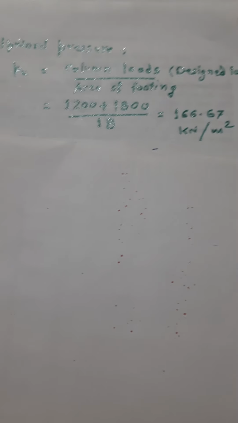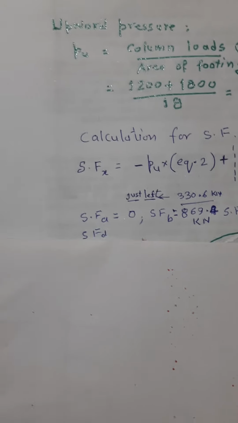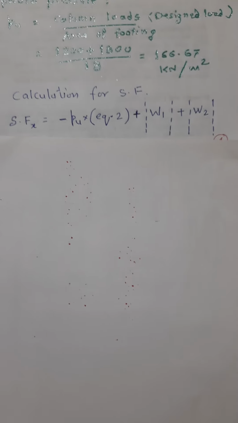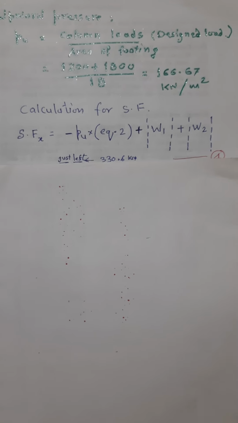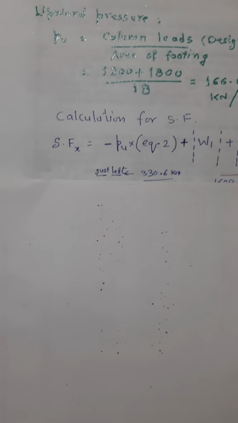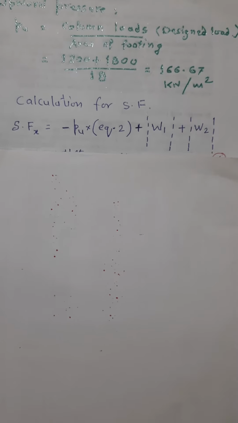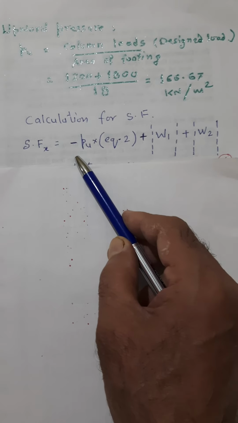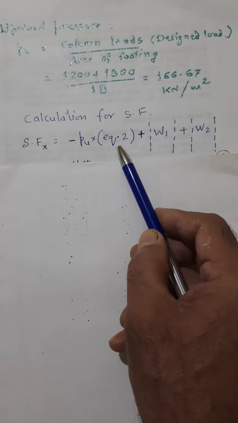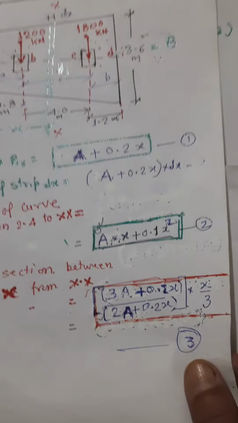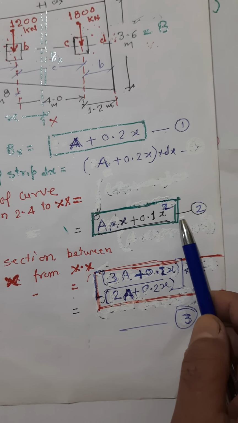Now we'll proceed accordingly, and I am giving a general equation for finding out the shear force. In it, we take upward pressure into equation number 2, which indicates the area.